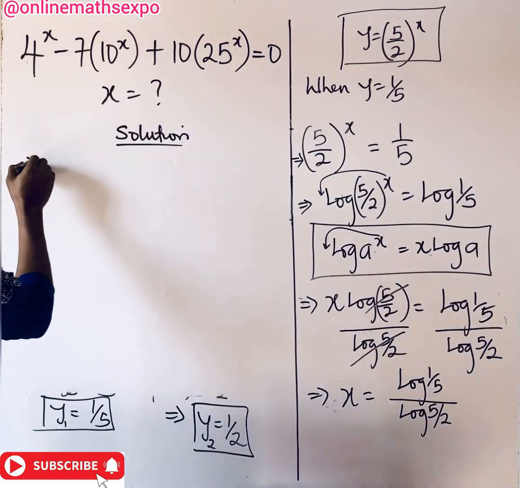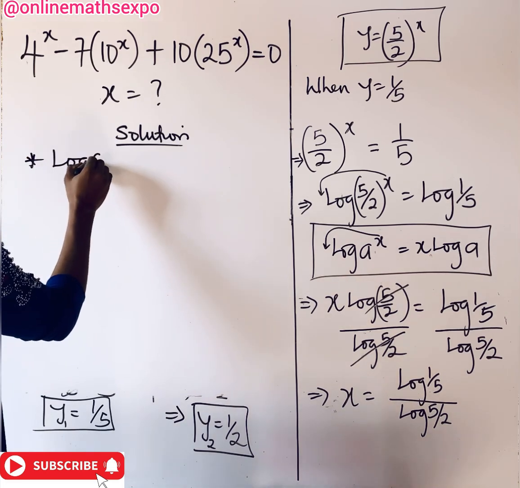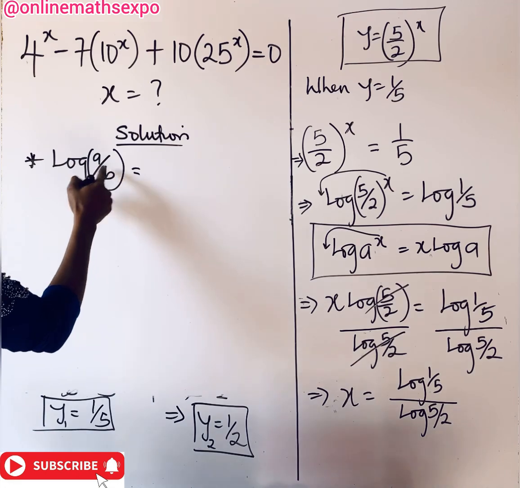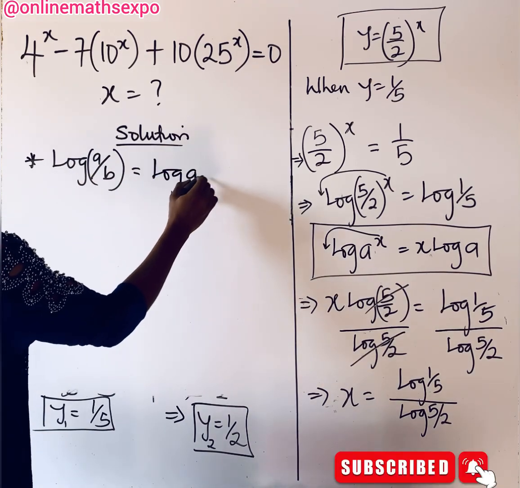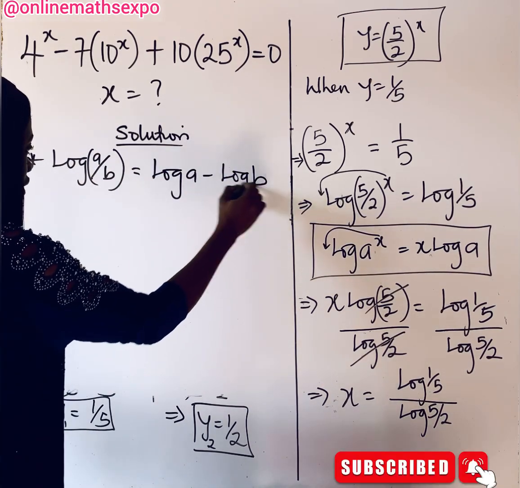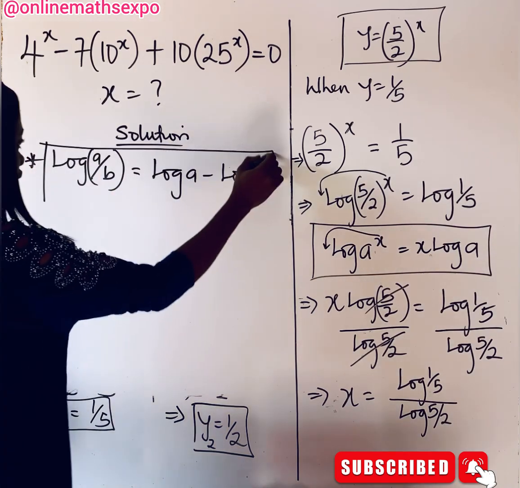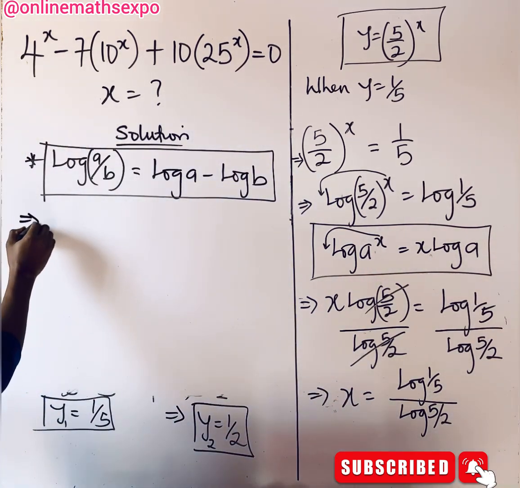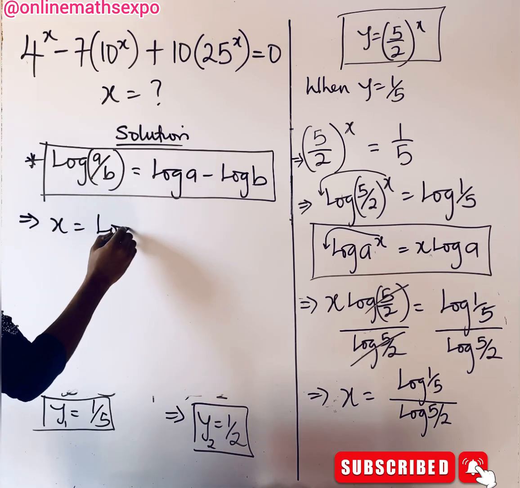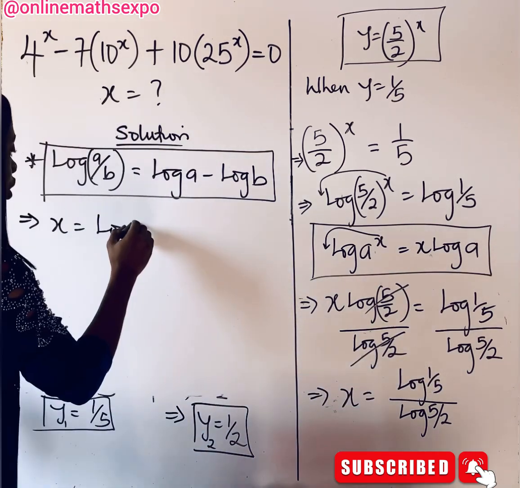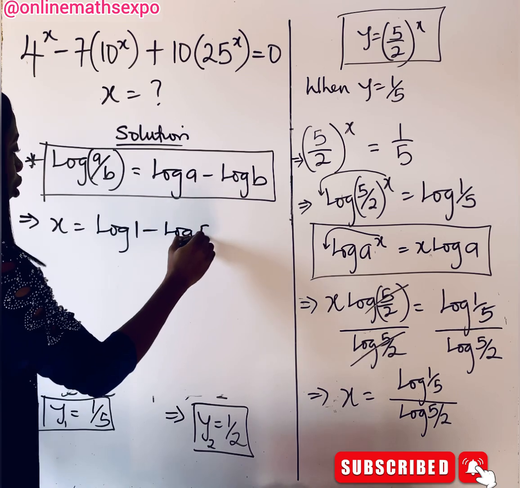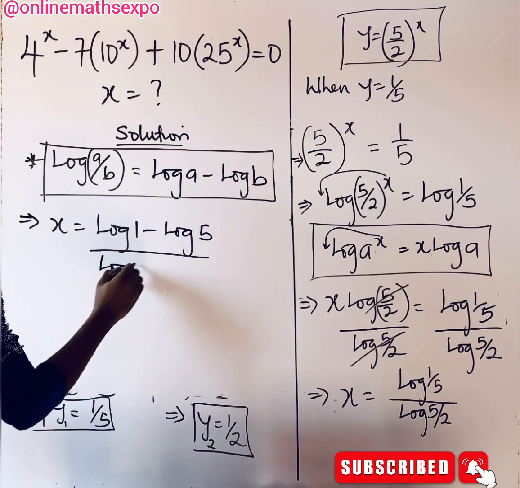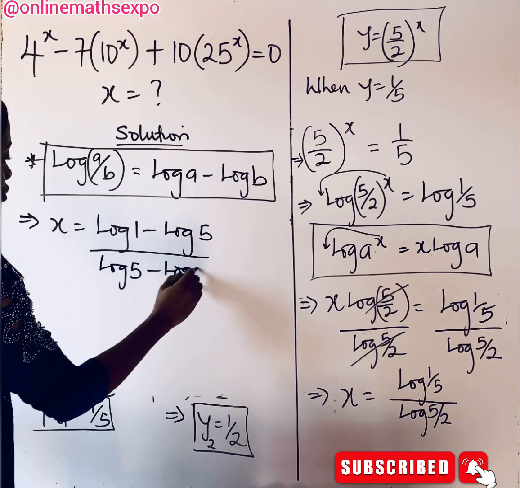If you have log of a over b, it is the same as when division will now turn to subtraction. So you have log a minus log b. This is an important rule that we are going to apply here. So we are going to have x is equal to log of 1 minus log of 5 all over log of 5 minus log of 2.